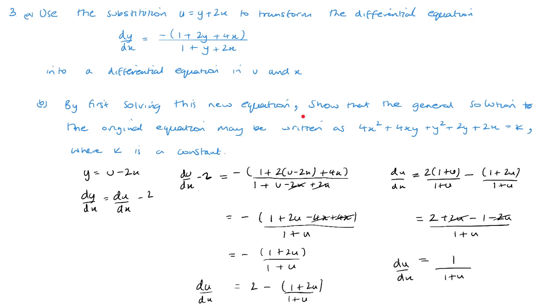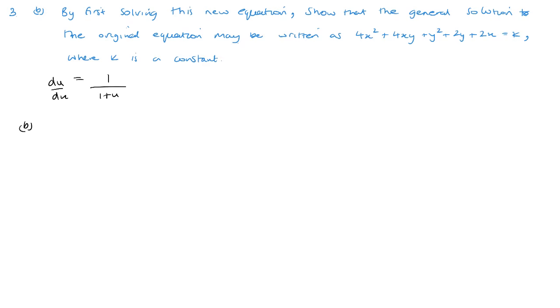Now, by first solving this new equation, show that the general solution to the original equation may be written as that, where k is a constant. Right, let's make a little bit of room. So let's integrate: 1 plus u du, and this will be the dx on this side.